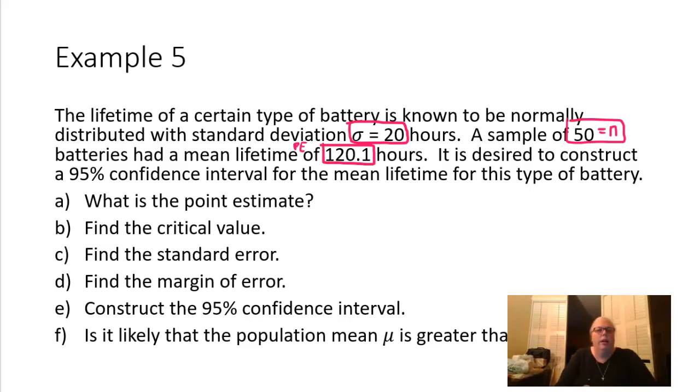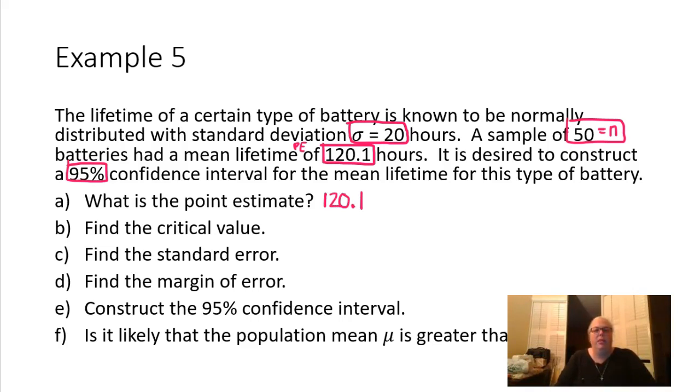All right, and our confidence level right there. So I think that gives us everything that we need. All right, question A, what is the point estimate? Well, that's the mean for our sample here, which is 120.1.